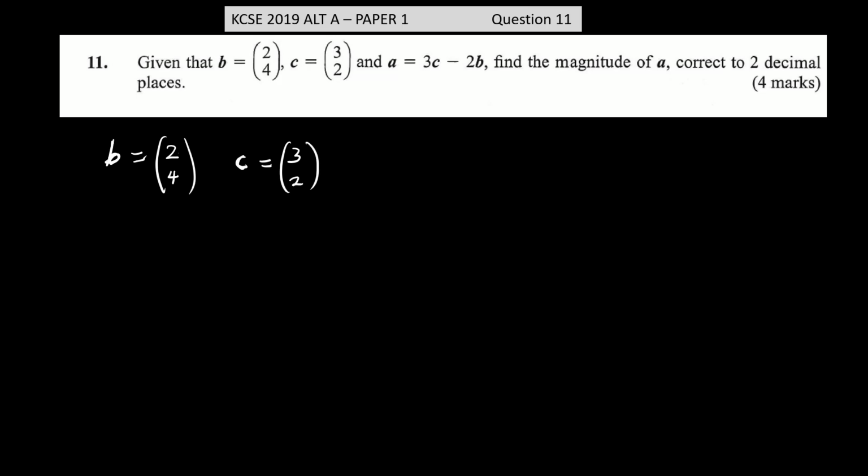One advice is that while answering this type of question, make sure you write your vectors also in bold letter. And we have vector A, which equals 3C minus 2B.